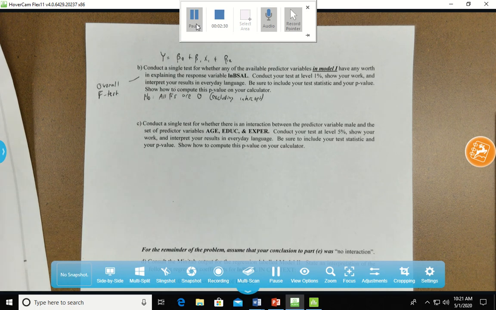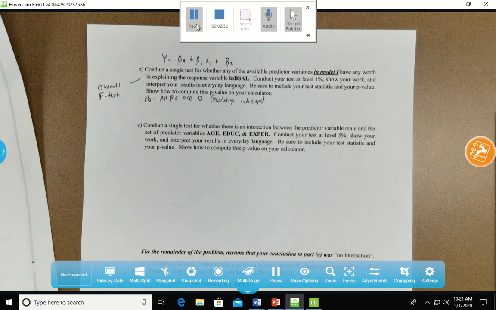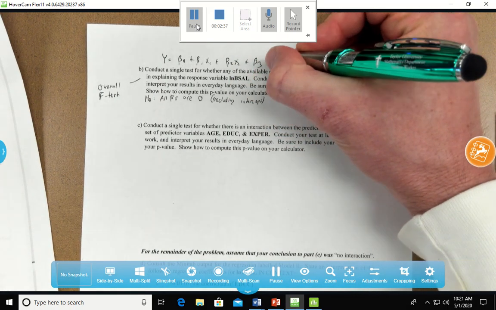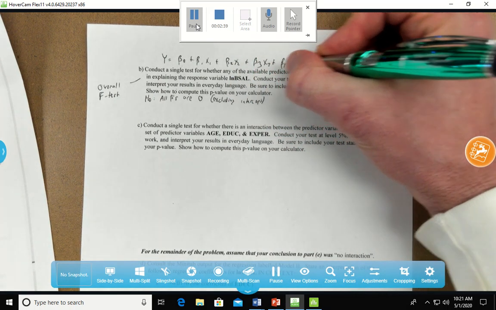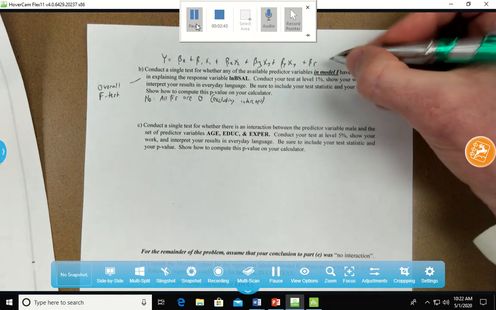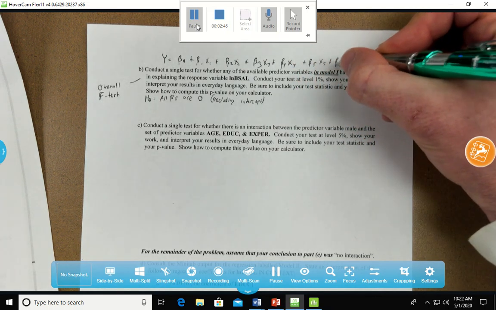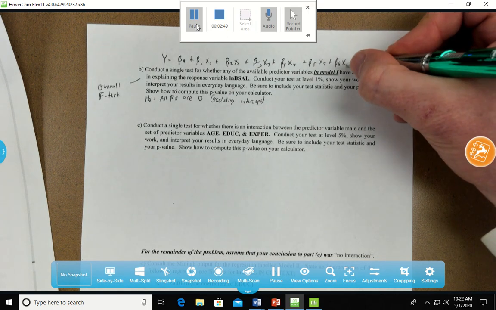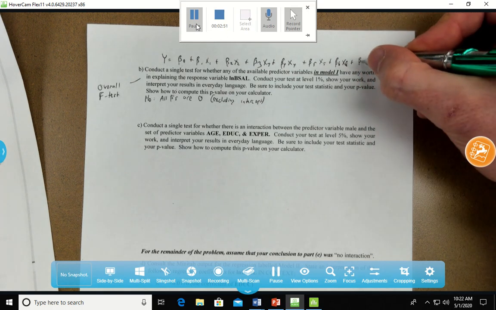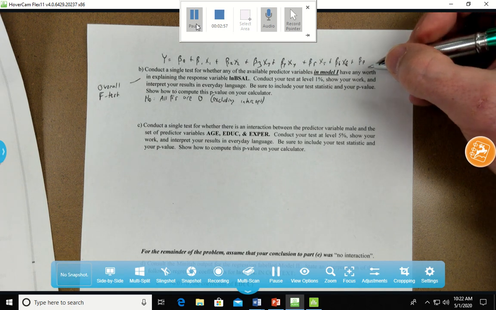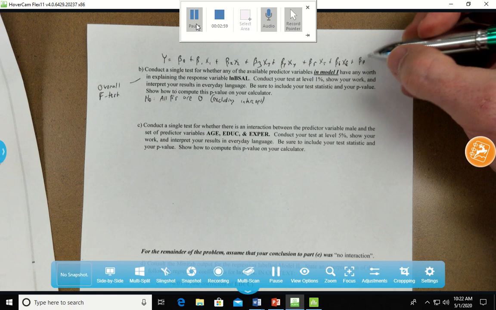Okay, so just to represent this, we'd have beta 2 senior plus beta 3 male plus beta 4 age plus beta 5 education plus beta 6 experience plus beta 7, which is sex times age, which would be x2 times x3.